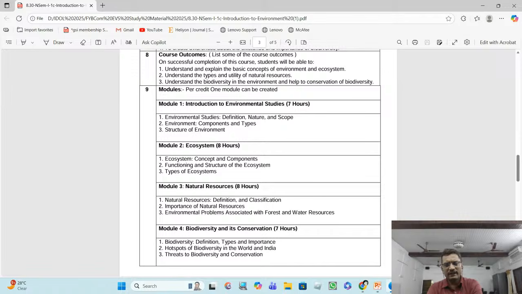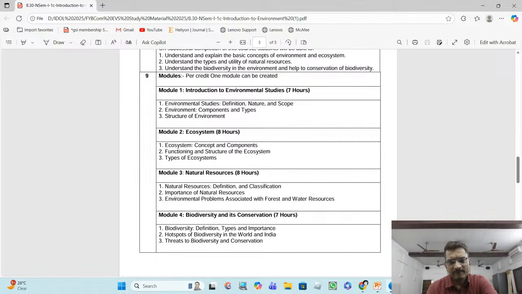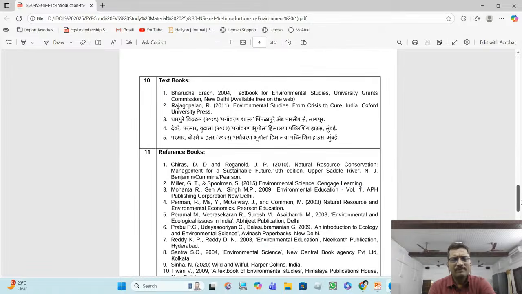I'll talk about that in detail, and we will discuss the latest data so that we can understand to what extent biodiversity is being threatened. So these are the four modules: Module 1, Introduction to Environmental Studies; Module 2, Ecosystems; Module 3, Natural Resources; and Module 4, Biodiversity and its Conservation. These are the four important modules designed for this syllabus.